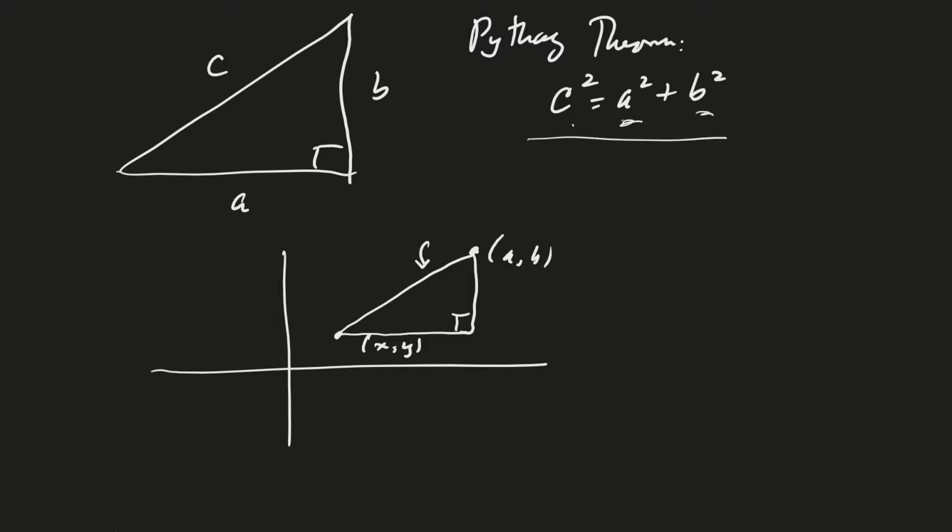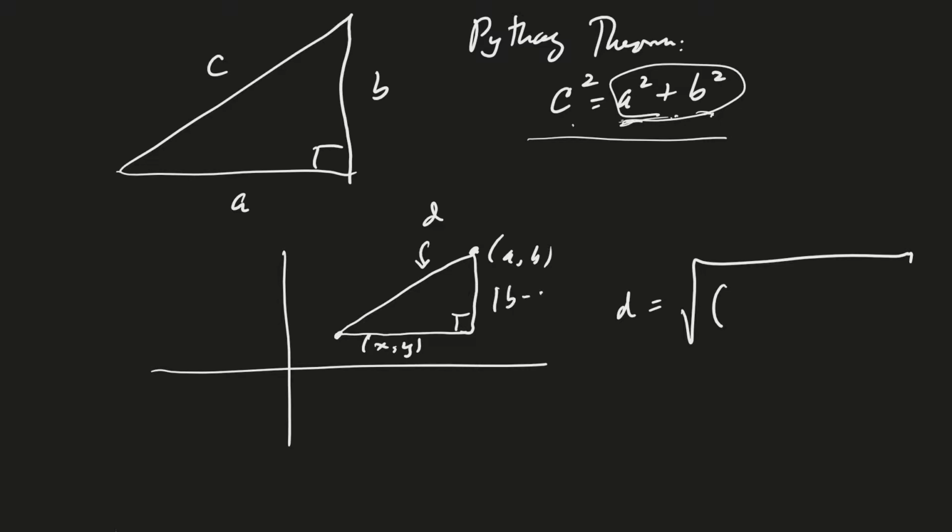Let's call that our distance d. So d is going to be the square root of a squared plus b squared. In this case, this is our distance in the y, so that's b minus y. It's the difference of y's, and this is going to be the difference of x's.